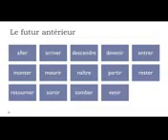Okay, so keep in mind that all these verbs will require être.